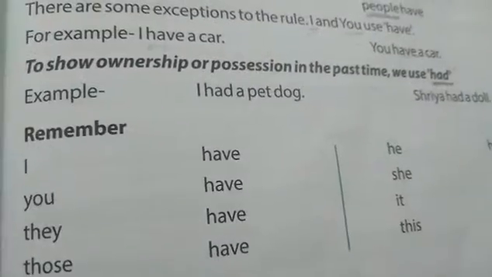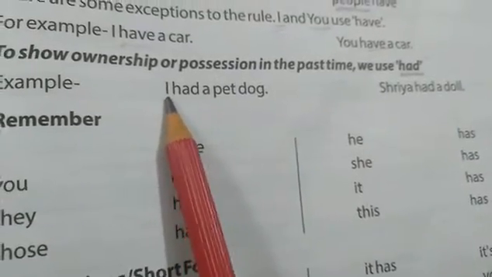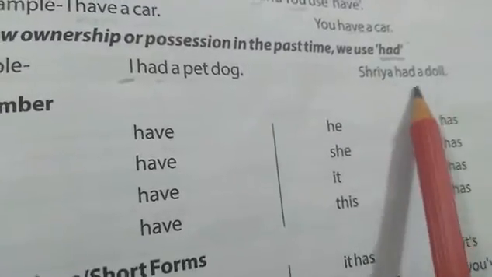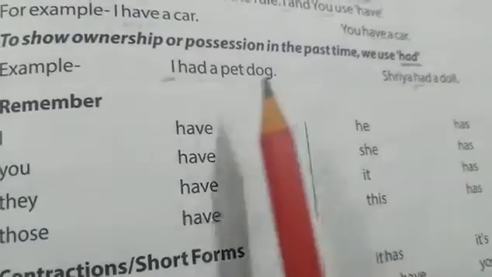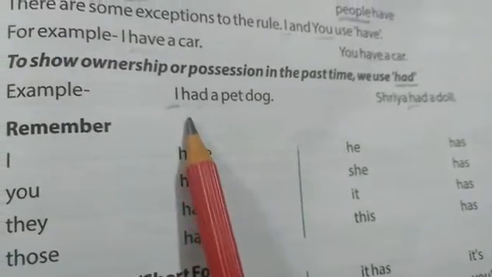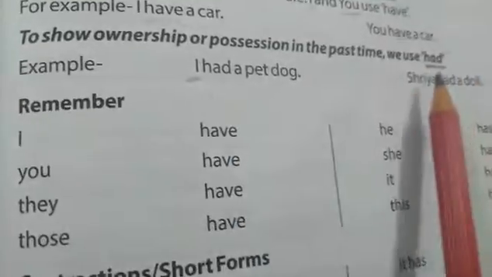Let's read these examples here. I had a pet dog, Shreya had a doll. I is the first person, so in this case also we have used had. Shreya is the singular person here, we have used had. Whatever the situation, whether the subject is singular or plural, we will always use had in any case.